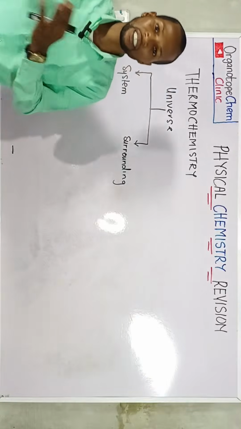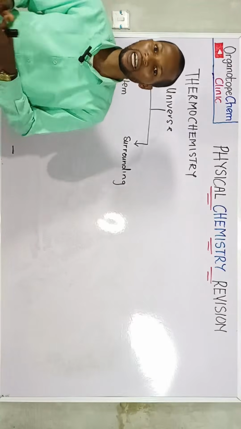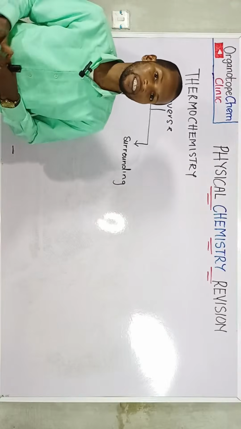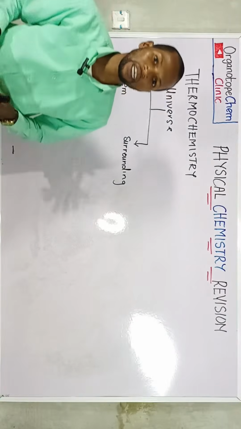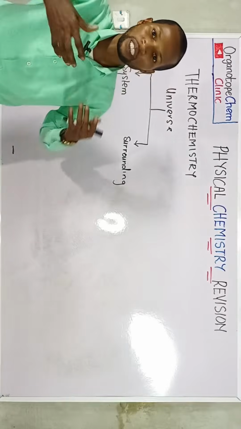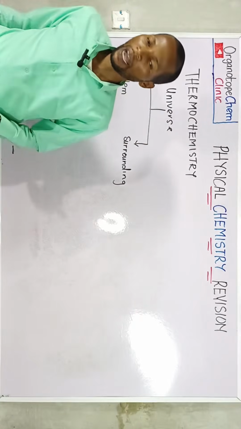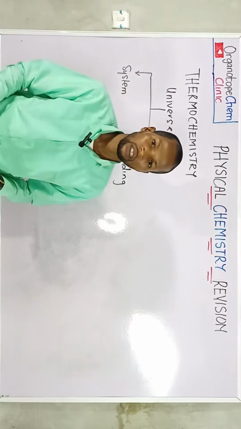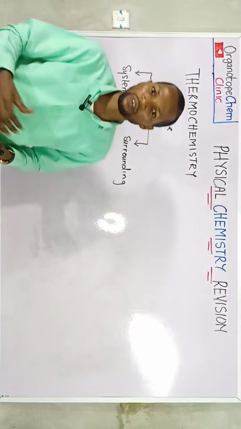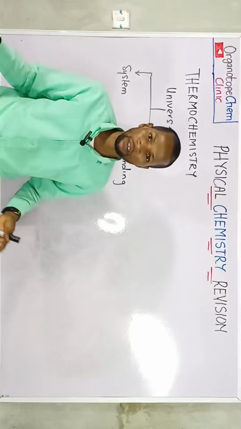So when there is heat gain by the system, such a process is called an endothermic process. When there is heat lost by the system to the surrounding, that implies that such a reaction is an exothermic reaction.